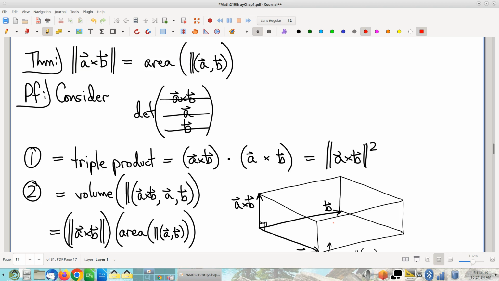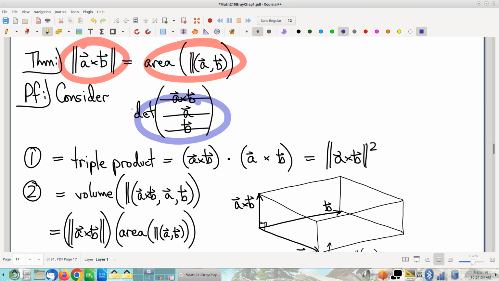But the idea is that even though these are the two things that we're interested in, and I want to try to relate these to each other, you would think that I would either take this expression and try to turn it into that, or that expression and try to turn it into this, but it's not. The way I'm going to prove these two things are equal is to start with something totally different and relate each of these to that.